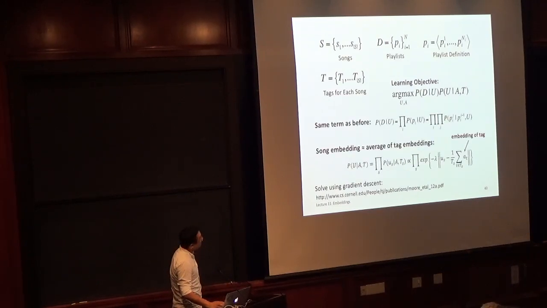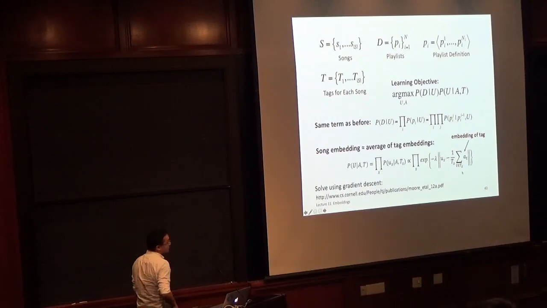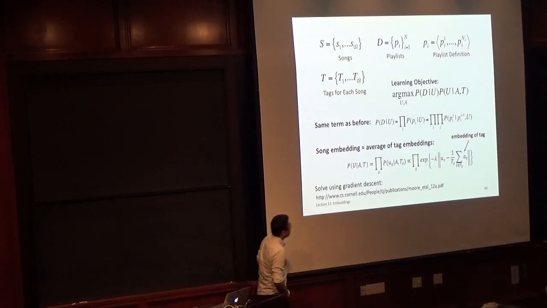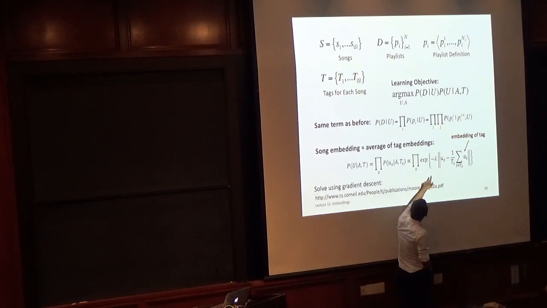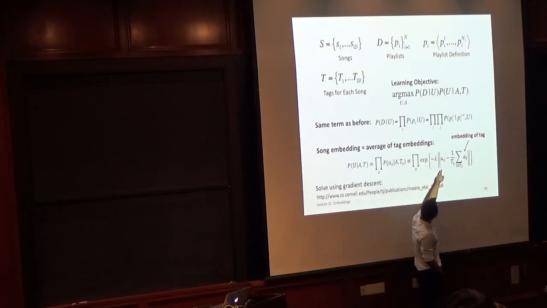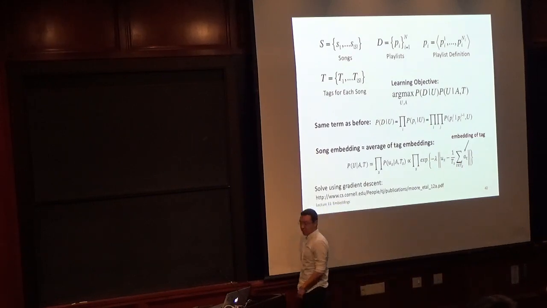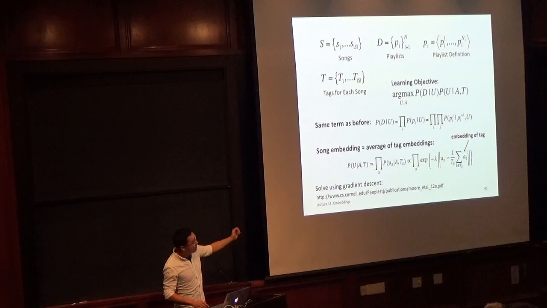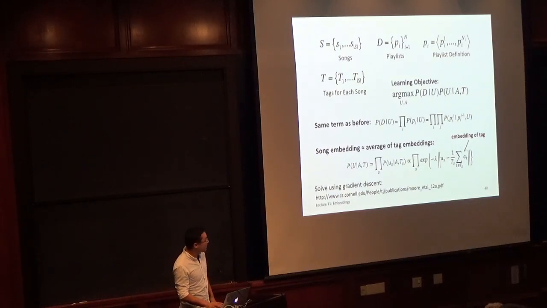The only thing that changed is this part down here, which says that I want the embedding of the song to be close to the average embedding of the tags it's associated with. I'm going to also estimate the embeddings of the tags. So the A's here are embeddings of the tags or the attributes of the songs. I'm going to take their average, and that should be close to the embedding of the song.